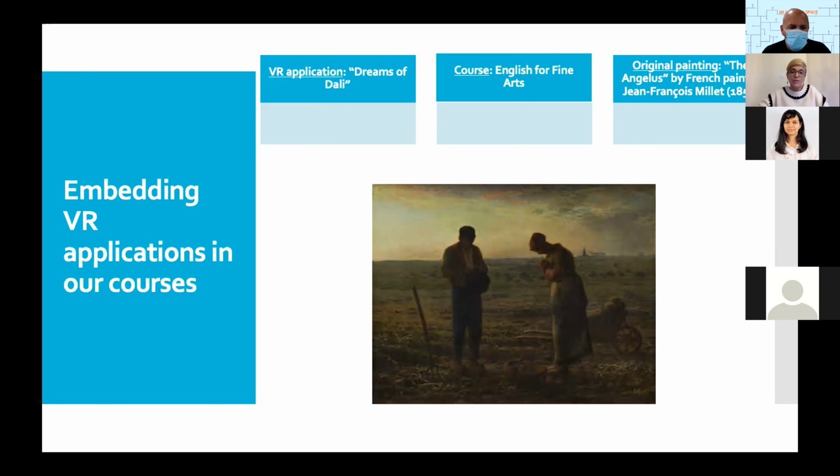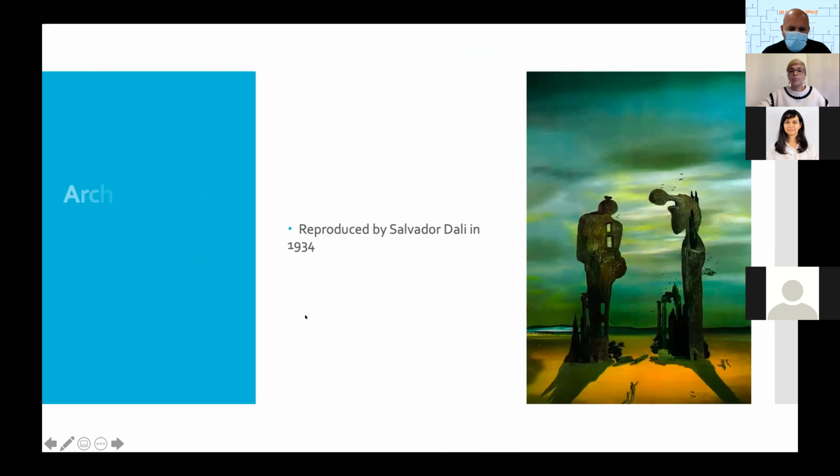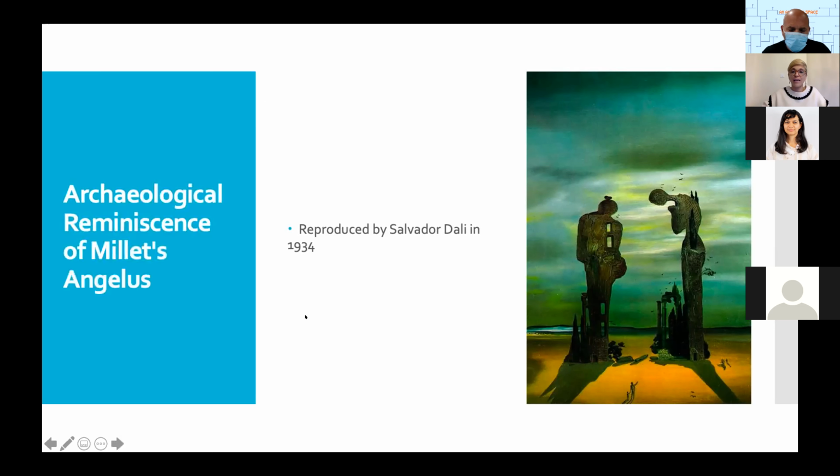So basically what happened was Salvador Dali reproduced the painting in 1934. And this is where our contribution comes in. Salvador Dali was one of the most influential surrealist painters, okay? So what we do here is try to show the students some of the elements of surrealism.